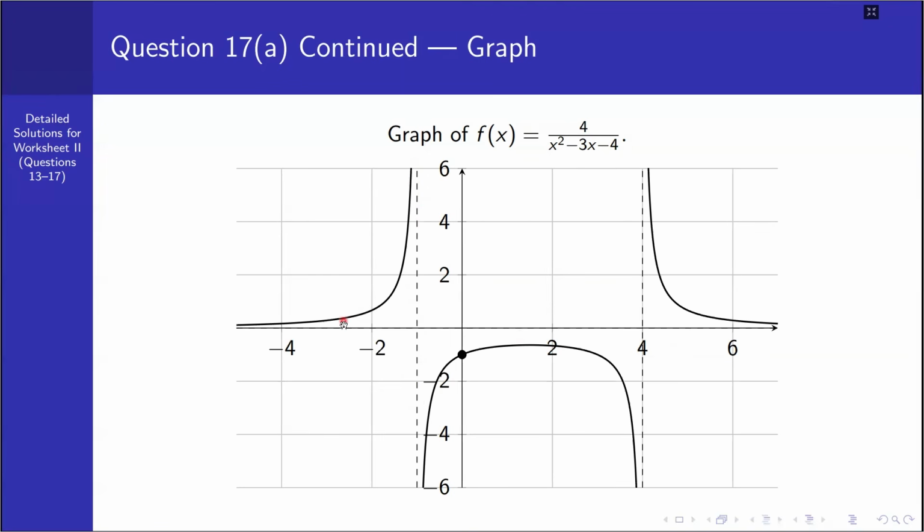ምክንያቱም እዚህ ጋር ከማይነስ 2 በዚህ በግራ በኩል ወደ ማይነስ 1 በሚጠጋ ጊዜ ይህ ፋንክሽናል ቫልዩ ወይም ደግሞ ፋንክሽኑ 4 over x squared minus 3x minus 4 will tend to positive infinity, so that the graph will go in the opposite direction, approaches from the left side.